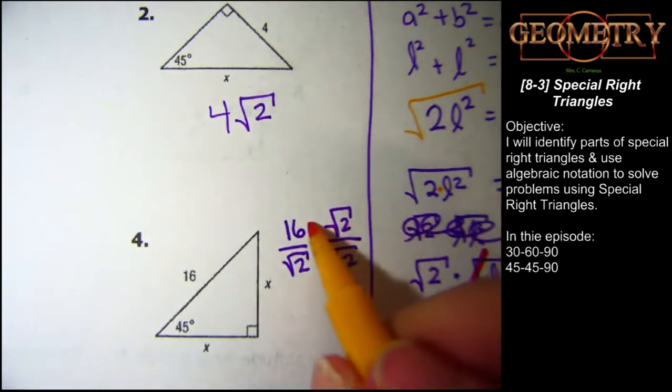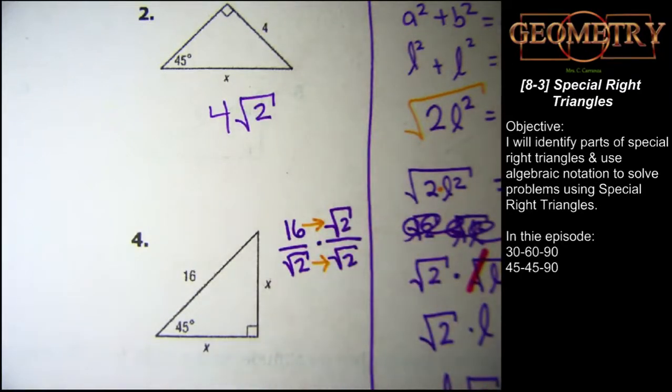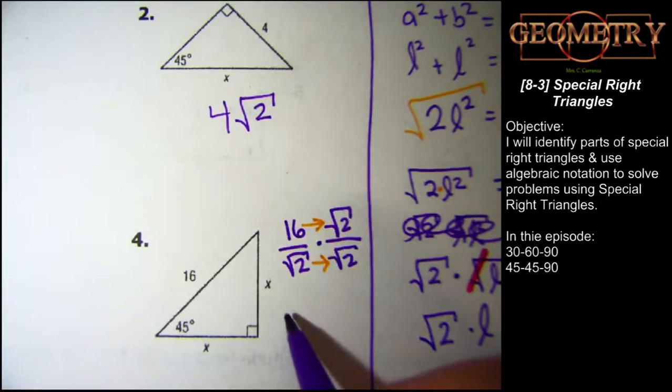This is a fraction times a fraction, so you multiply straight across. Please remember, cross multiply is only when it's fraction equal fraction. This is fraction multiply fraction, straight across. Okay?